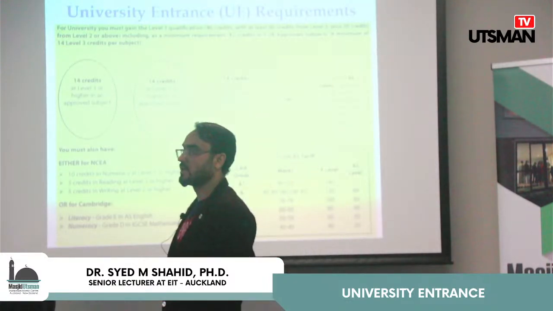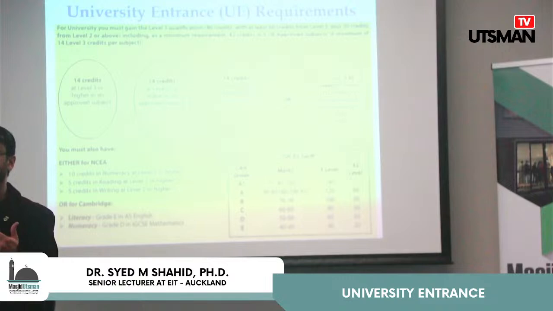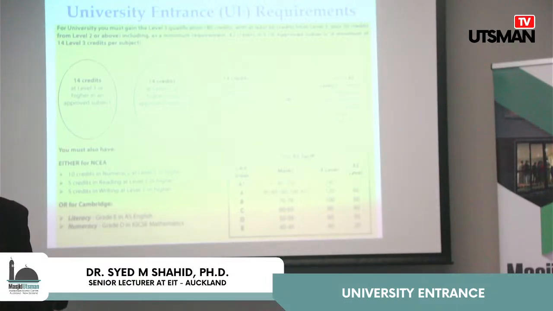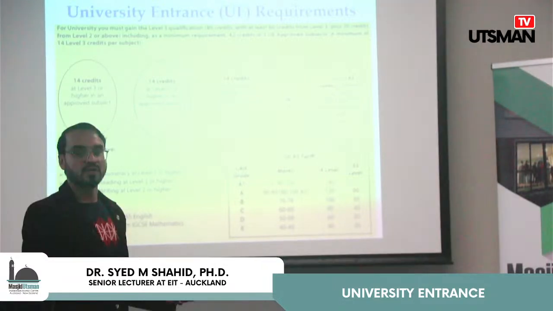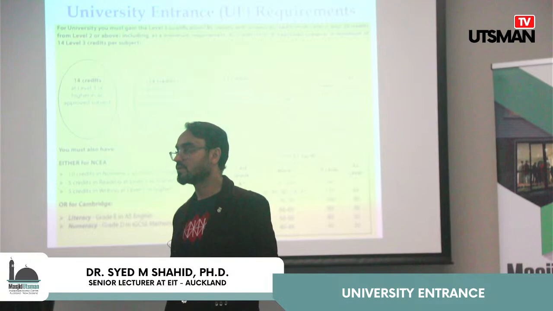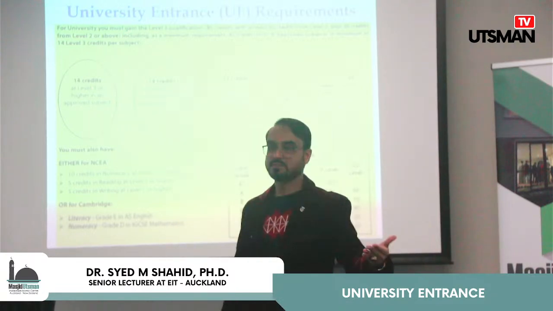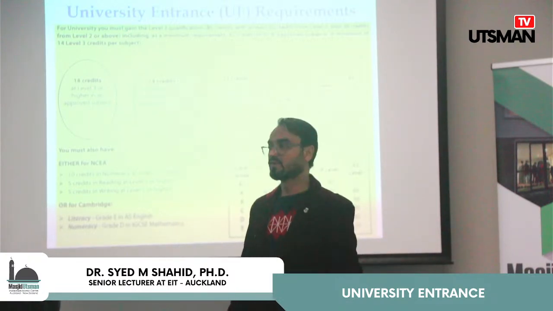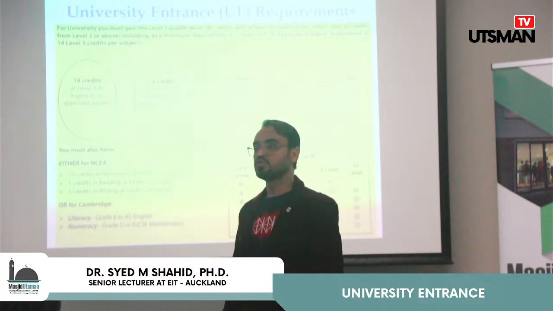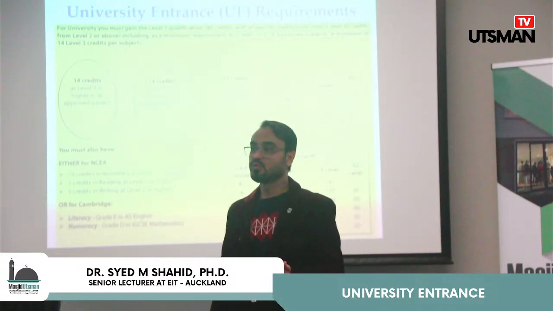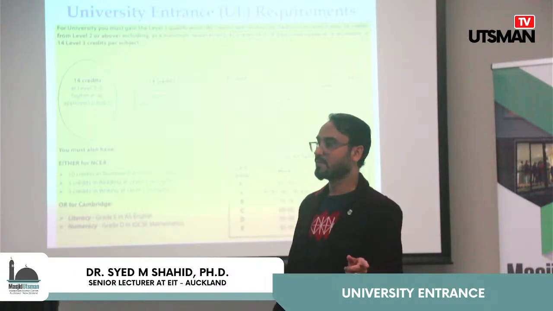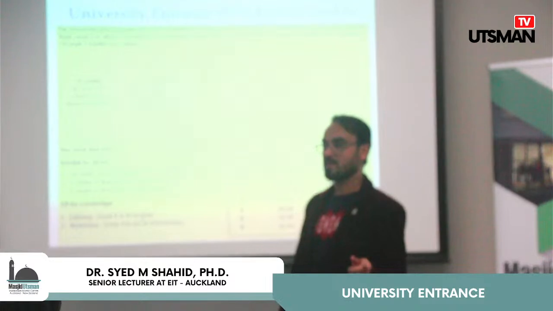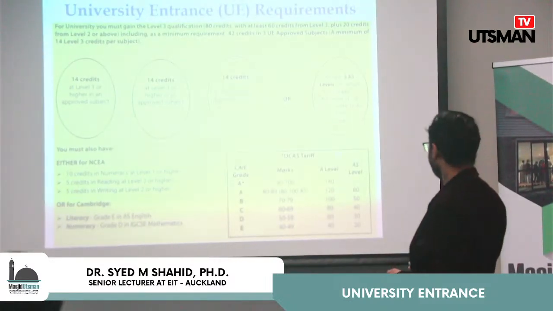Every program gives you an idea of how many points are required minimum. For example, I remember Bachelor of Nursing requires 280 points. What does it mean? You go to the university website, you will see points, minimum requirement. University of Auckland asks you to provide 280 points if your son or daughter wants to be in Bachelor of Nursing.